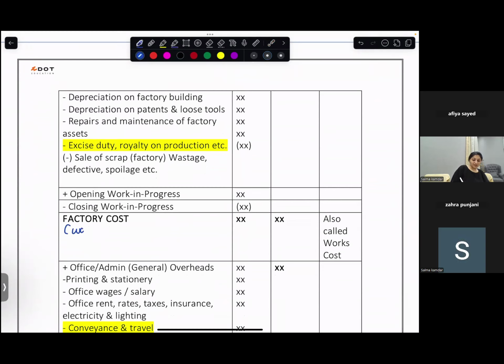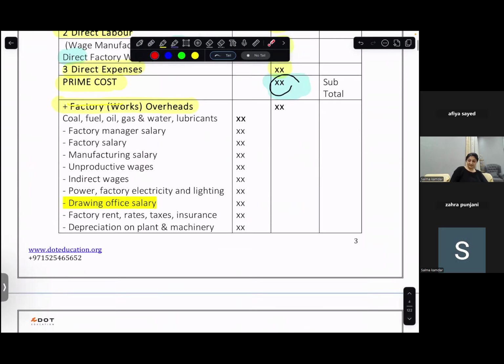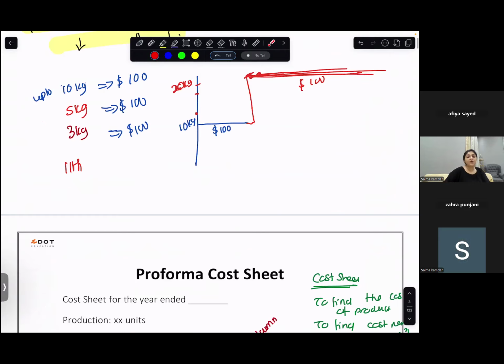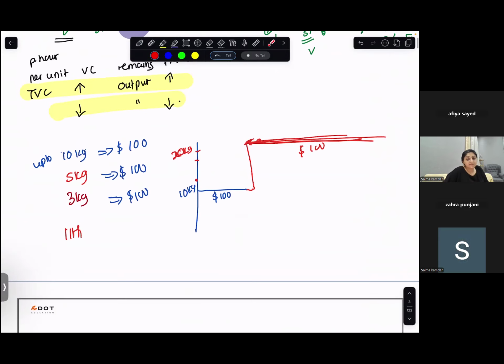But you have to adjust it for opening and closing work in progress. What is still in progress, you remove the cost of it. And what was in progress before, last year you removed, so add it now. Factory cost is also called works cost. Can you give me the format up to works cost?